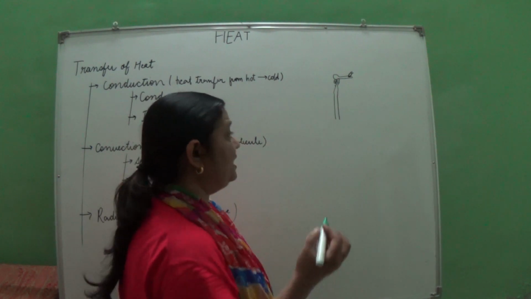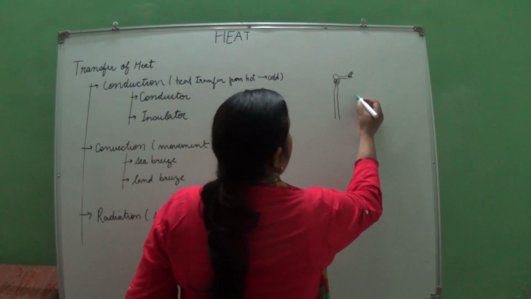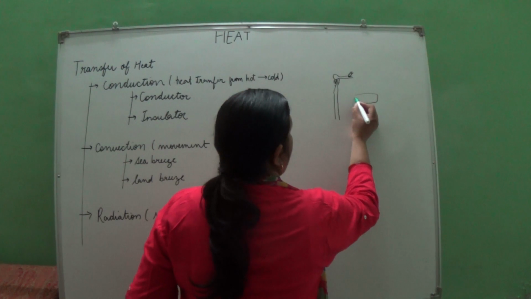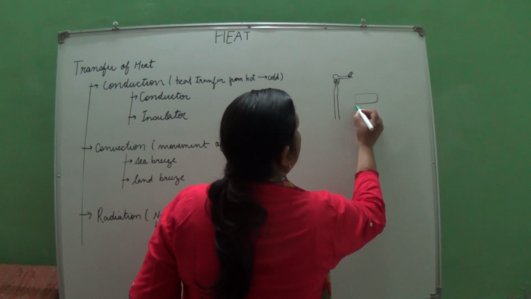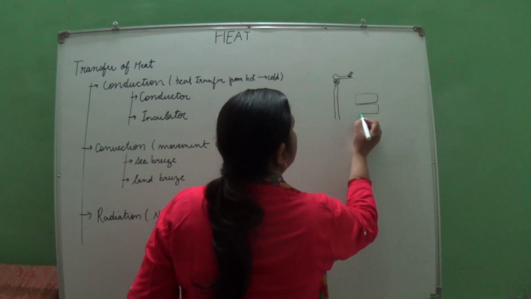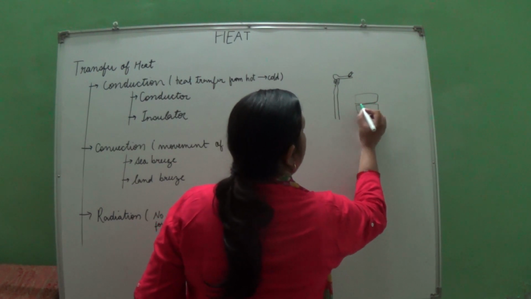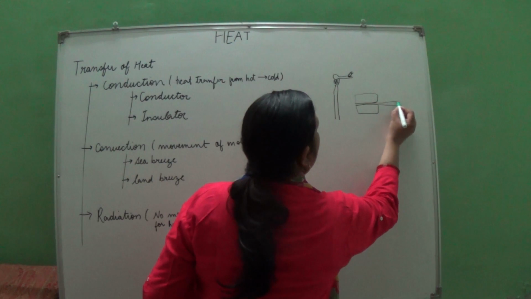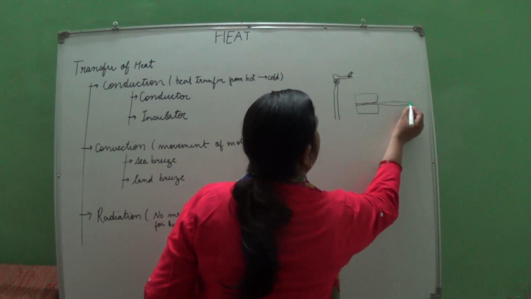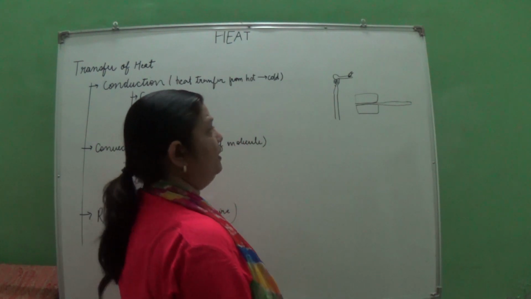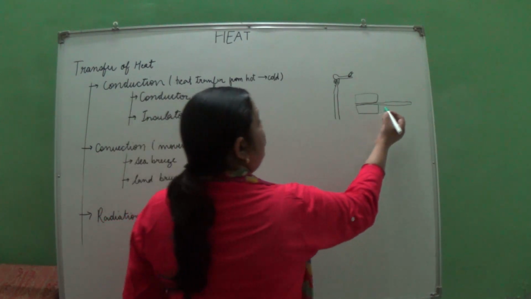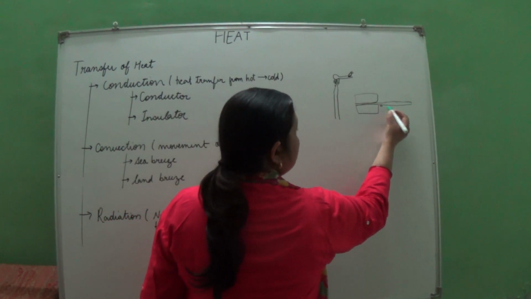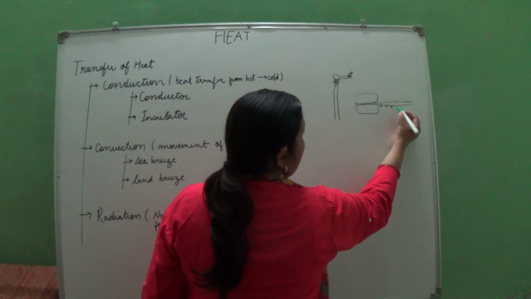One more example I'll give you. Take two bricks and clamp an iron rod across them. Now beneath this iron rod, apply some wax.